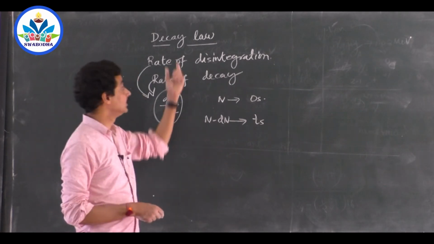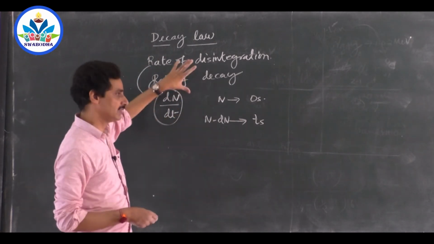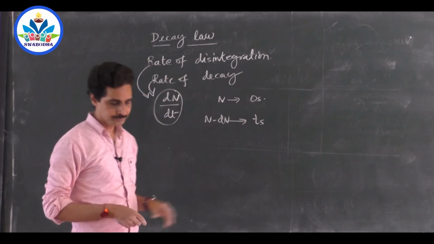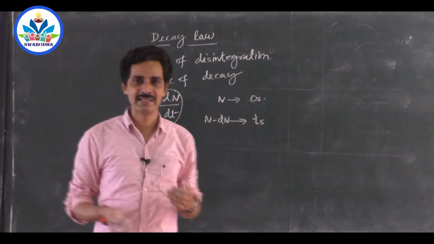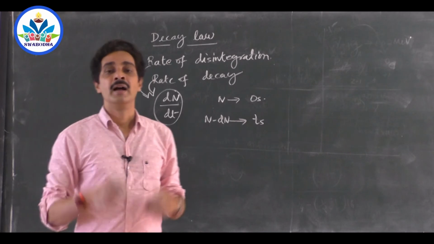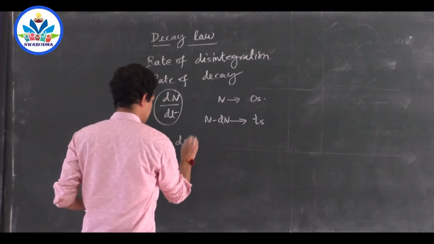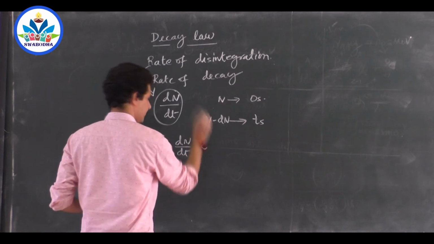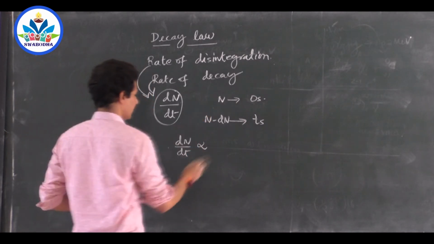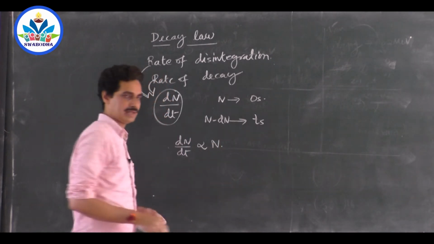And what about radioactive decay laws? You must be aware of this definition clearly. The number of atoms disintegrating per second, dN by dt, is directly proportional to the number of atoms in the sample at that instant.